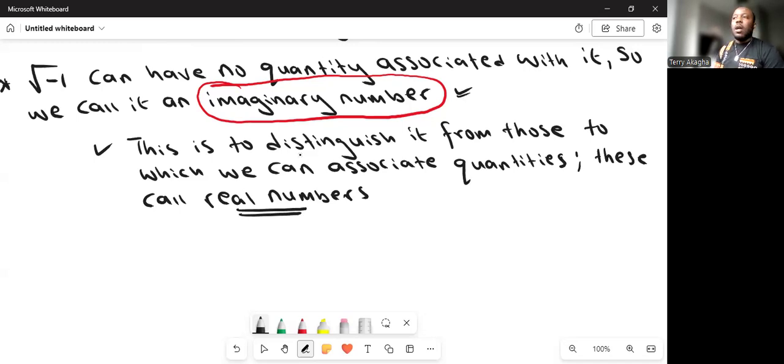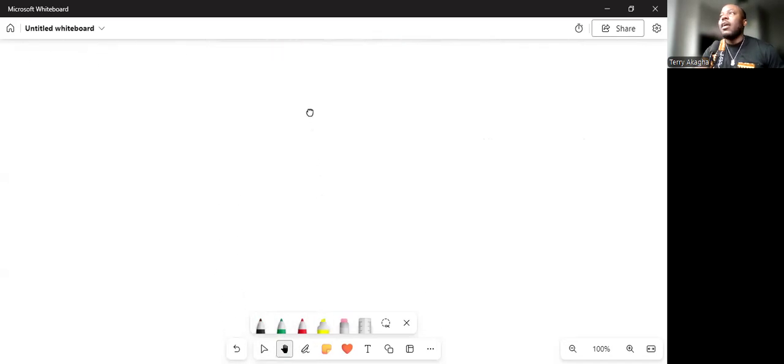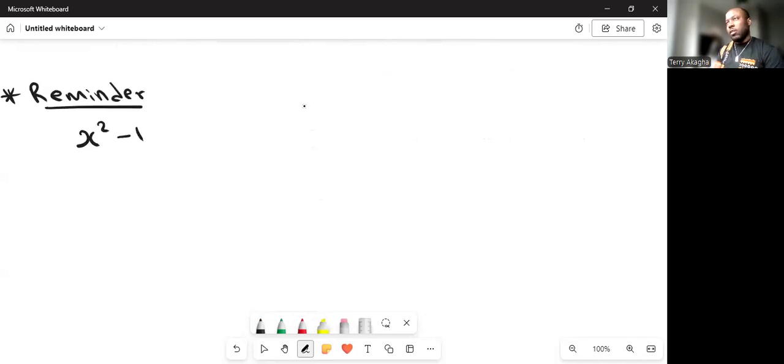Is that okay? Let me do a quick reminder before we go to the next video and start solving, of how we solve questions in quadratics. When you have x squared minus 1 is equal to 0, you take 1 to the other side, so x squared is equal to 1. In order to remove the square, we take the square root of both sides, which we know means plus or minus.